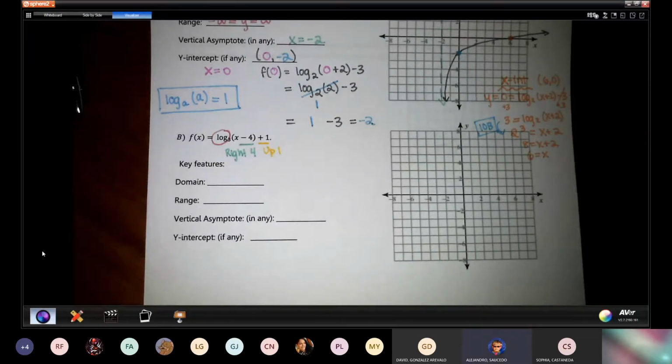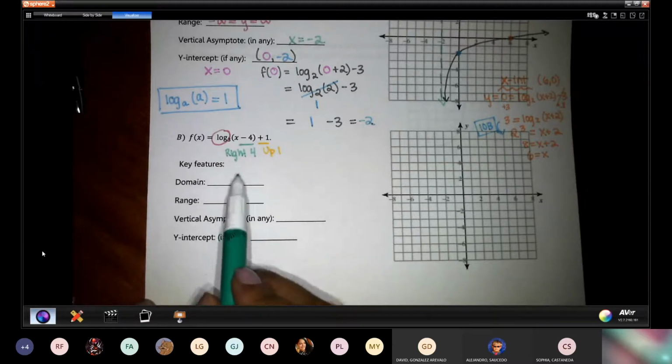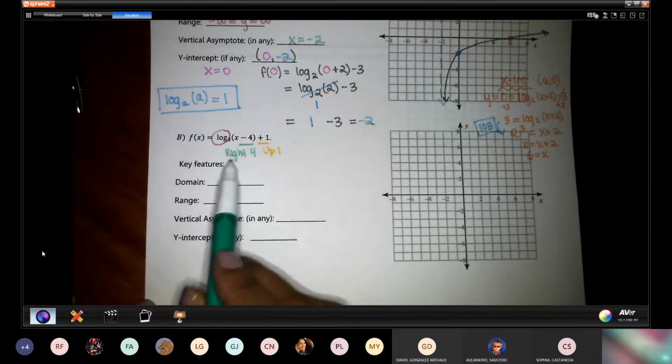So from here, we need to find our asymptote. So let's start with that. What is our asymptote? Any ideas? Remember, our vertical asymptote comes from this, right?